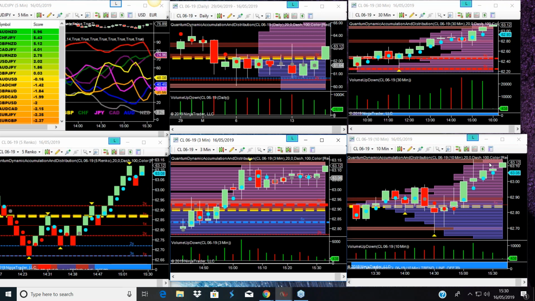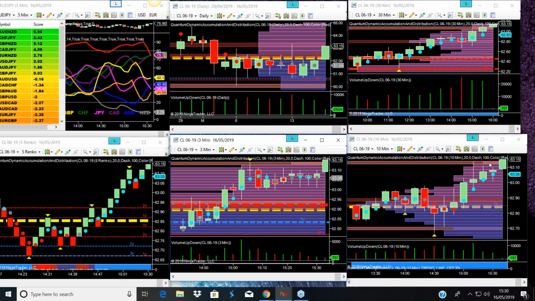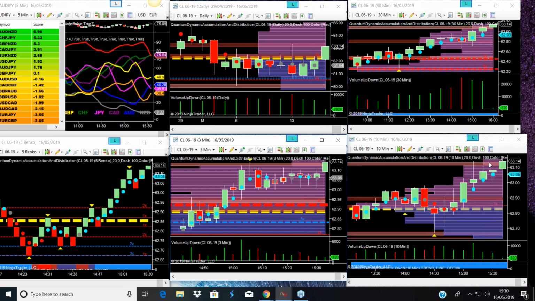VPA really comes down to this, and that is what it helps you do: anticipate where the price is going next, because it will confirm whether the price action that you are seeing on the chart is genuine or not. So if it does nothing else, just look for the anomalies and you will see anomalies.